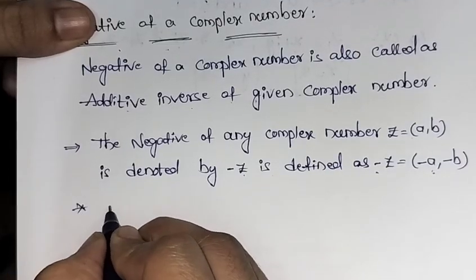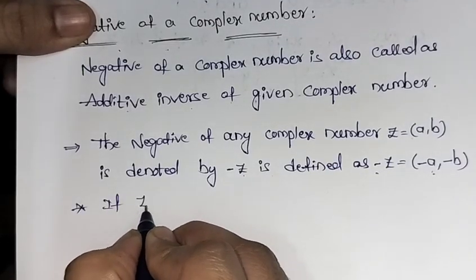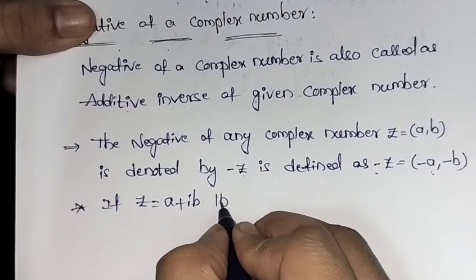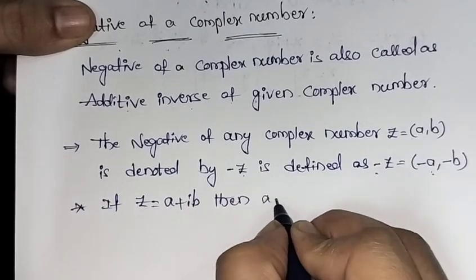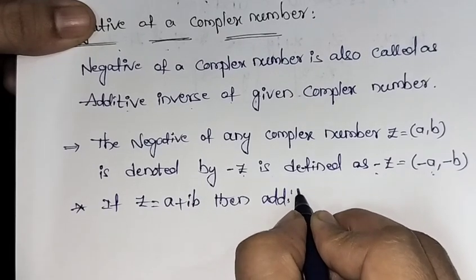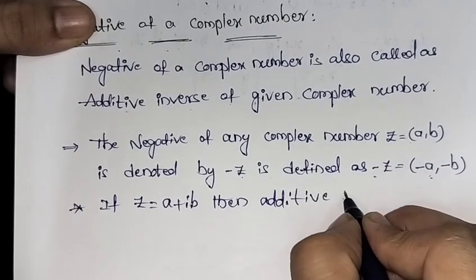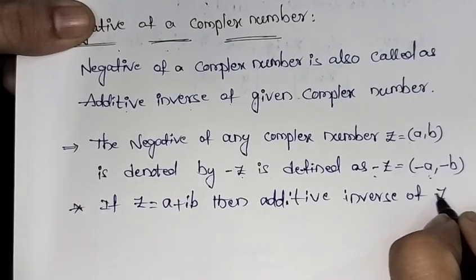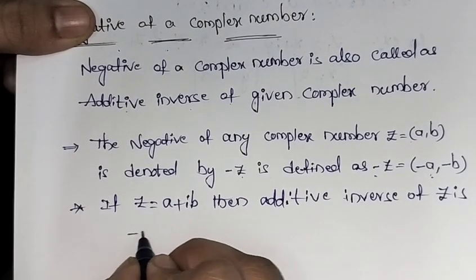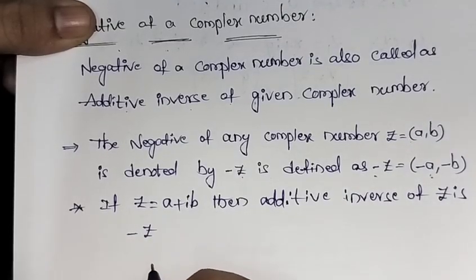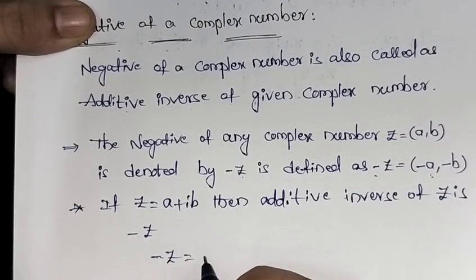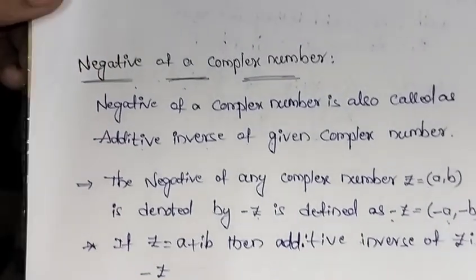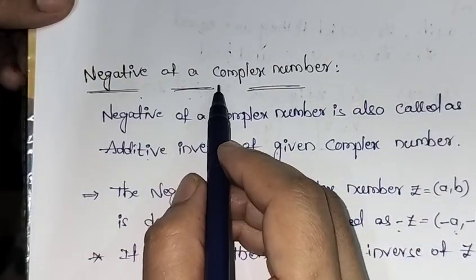If z is equal to a plus ib, then additive inverse of z is minus z. Minus z is equal to minus a minus ib. This is called negative of a complex number.